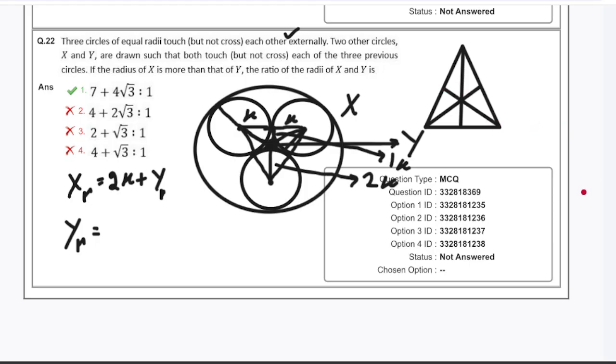At this point every median divides itself in the ratio 2 is to 1. So from here to here we have 2x and this is 1x. So the same property we're going to use. On the basis of that, the formula for the altitude of an equilateral triangle is root 3 by 2 into side.